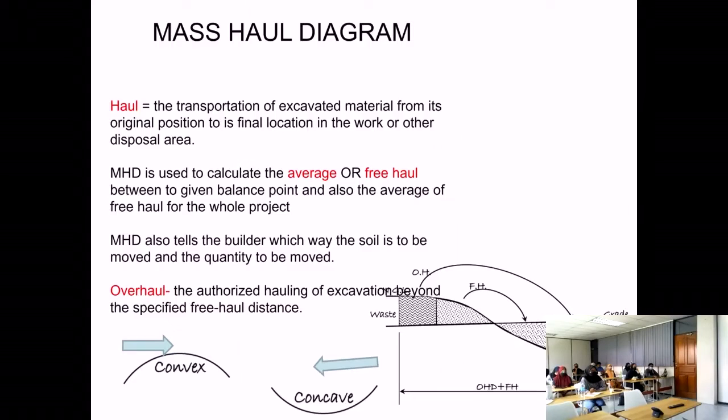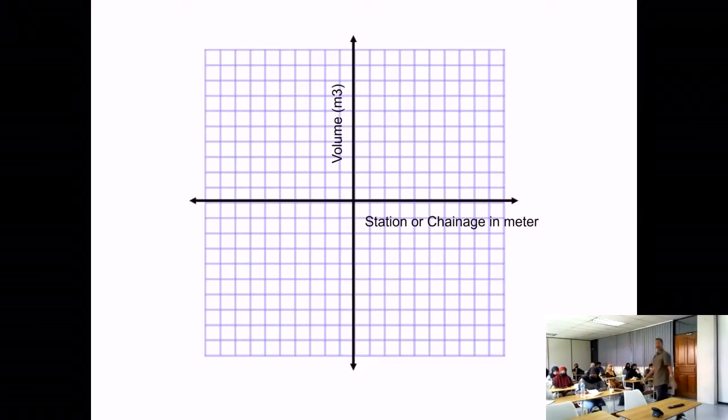So that's the definition of freehaul and overhaul. Basically, this is what we do. Remember the chainage? The freehaul diagram will involve the chainage in meters, right?